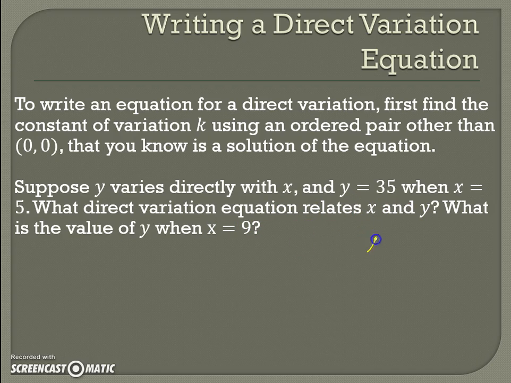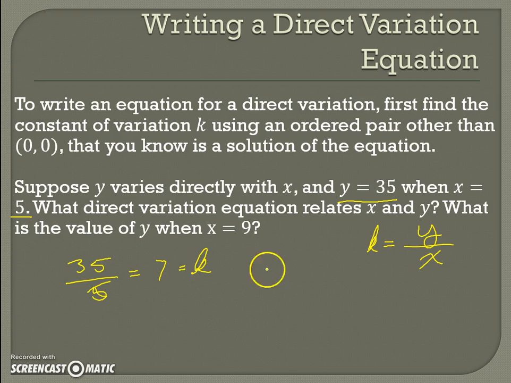So this is going back to that first slide that I had you underline, where the constant of variation is equal to y over x. Every single time. So here I have a y value, here I have an x value, so I put that y over the x, which is 35 over 5, and that simplifies to 7. This is my constant of variation. This is what k equals.